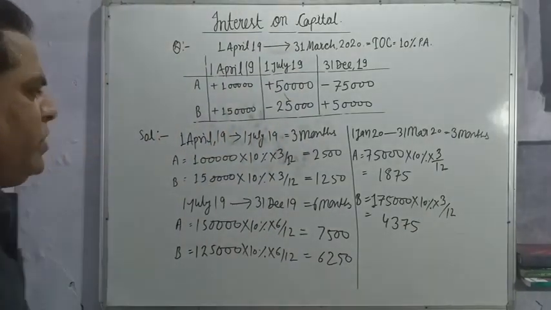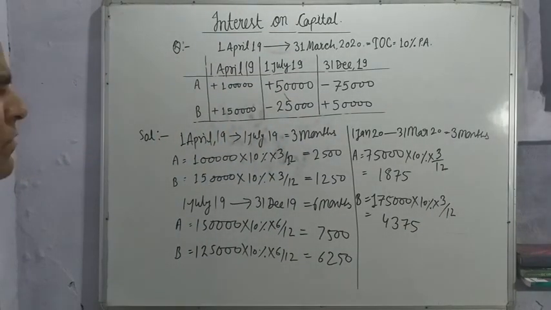Now simply find the total to determine total interest on capital for 12 months.